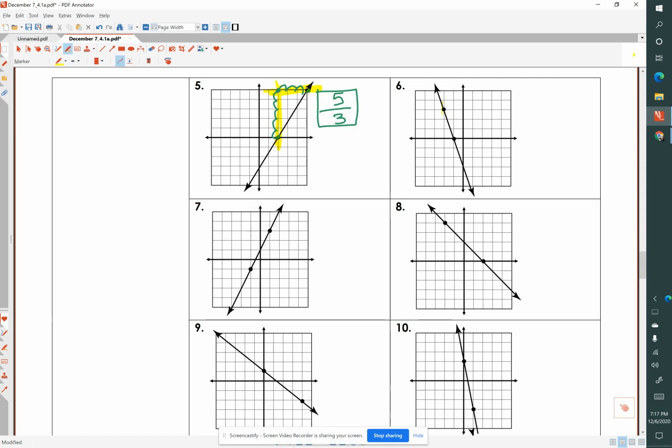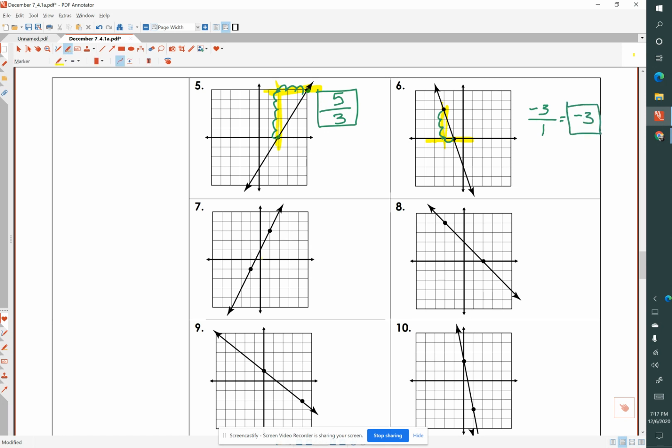Number 6, we have a negative slope. The rise is a negative 1, 2, 3, and the run is a positive 1. Negative 3 over 1, we simplify our fractions. The slope is negative 3.